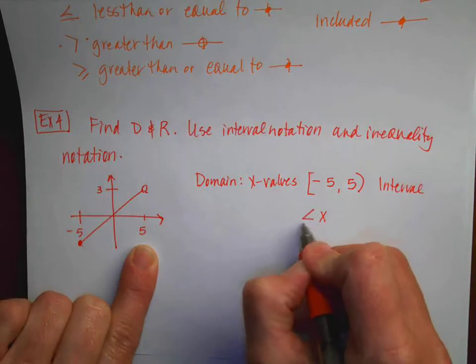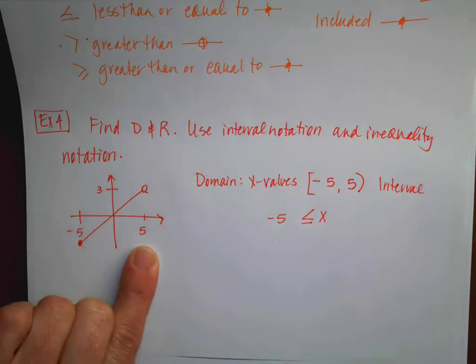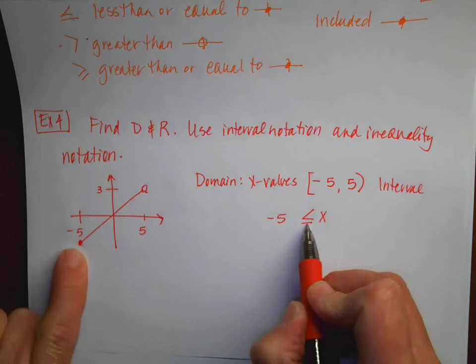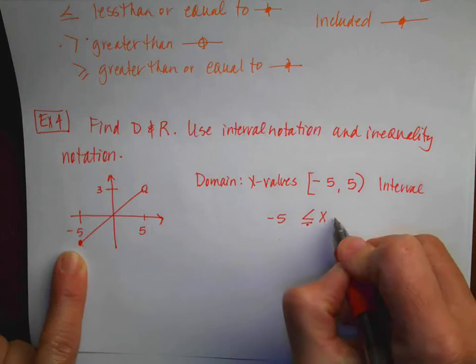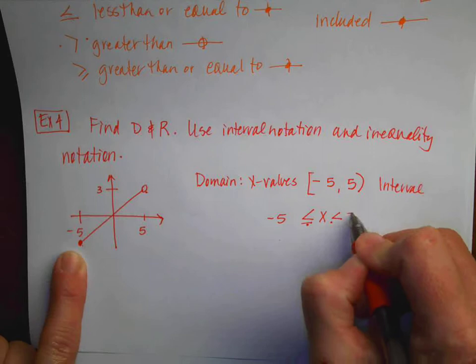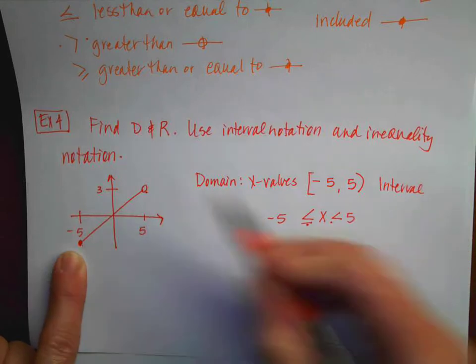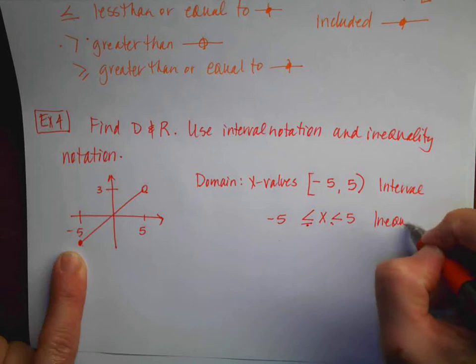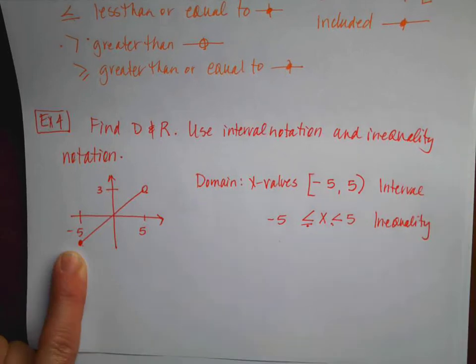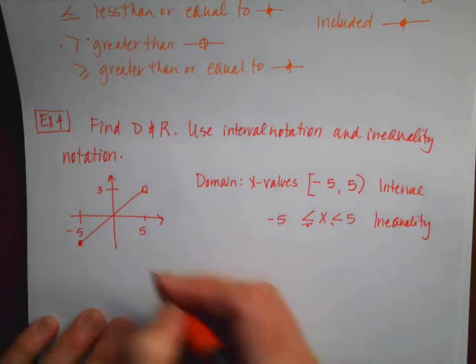If I do my inequality notation, it's going to be x greater than or equal to negative 5. It's greater than or equal to because it's a solid circle, meaning that the value is included, and no equal to 5, because this is an open circle, which means there's no equal to. And this is my inequality notation.